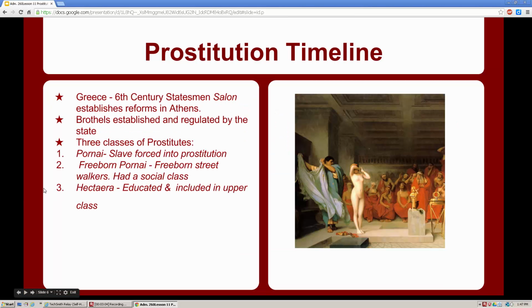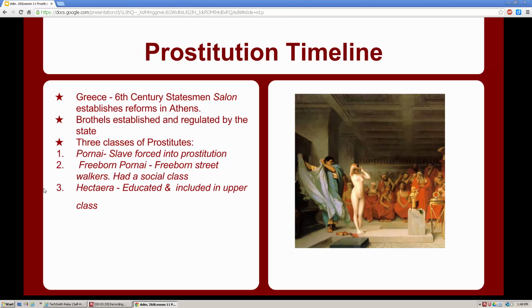Where we really see a lot of evidence of prostitution, though, was 6th century Greece, BCE. So 600 years before the modern era, you had a Greek political statesman by the name of Solon, and he establishes reforms in Athens in Greece.